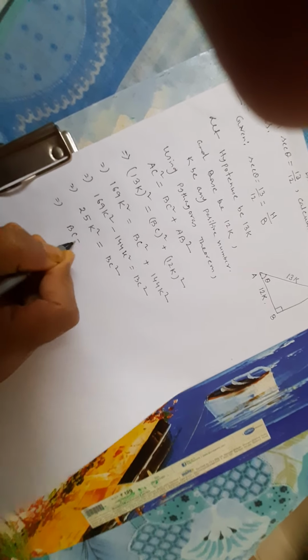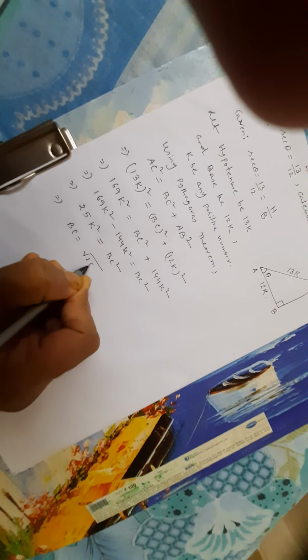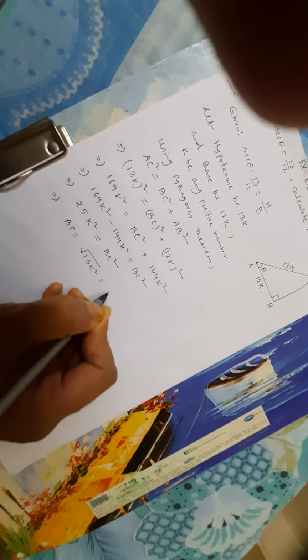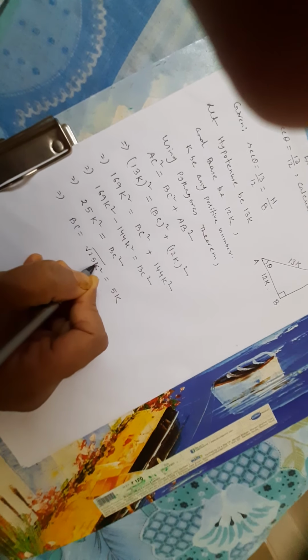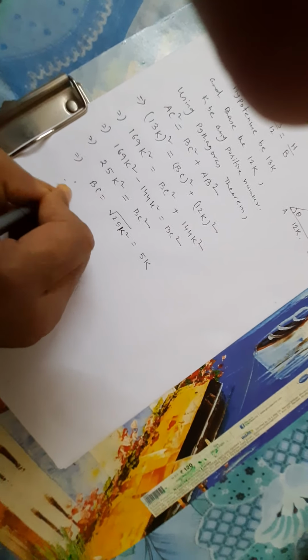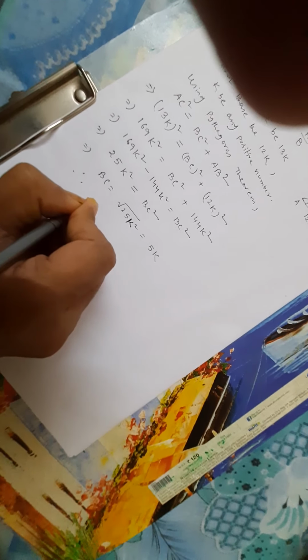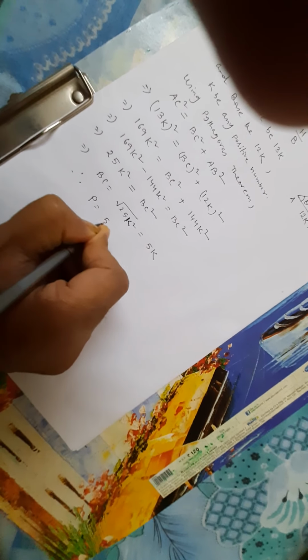So BC equal to under root 25k square, equal to 5k. Root 25 equal to 5. So BC equal to 5k, that is the perpendicular. Therefore perpendicular P equal to 5k.